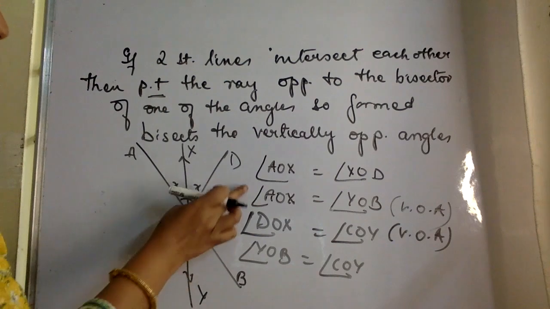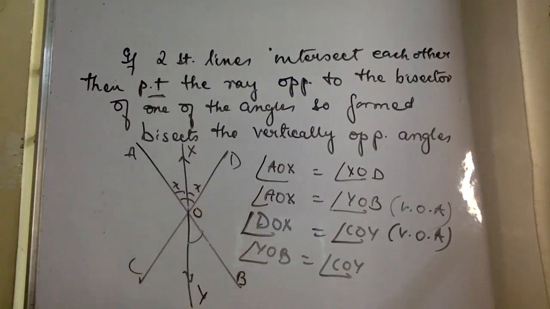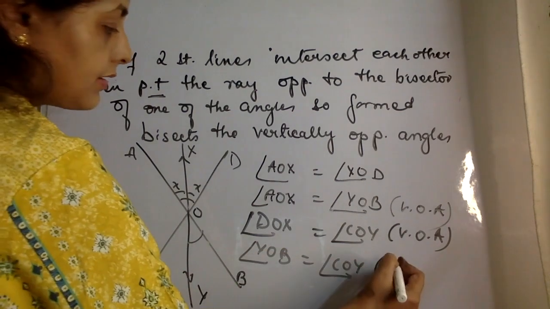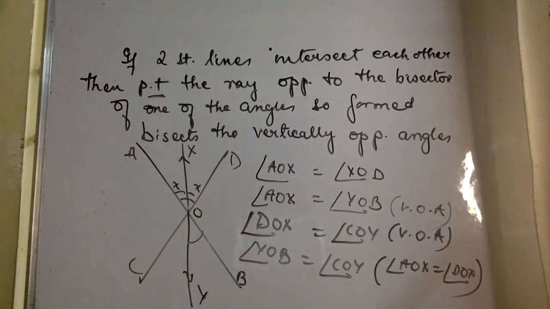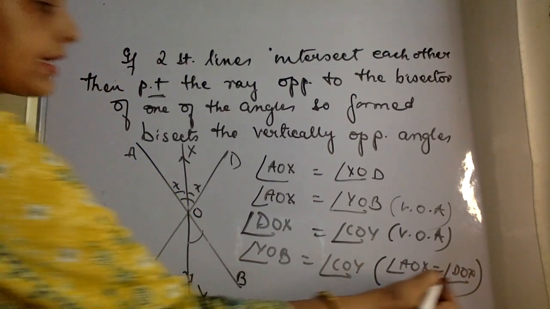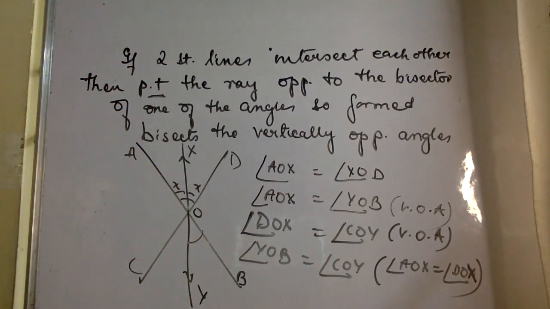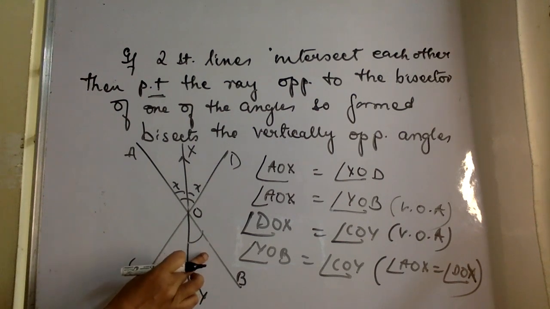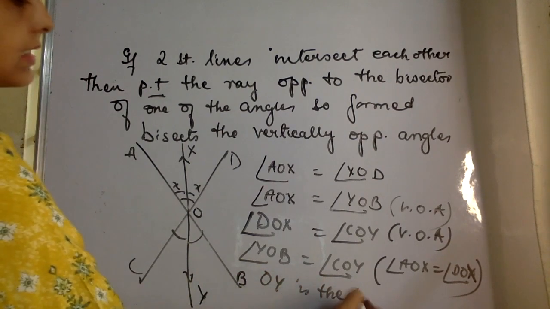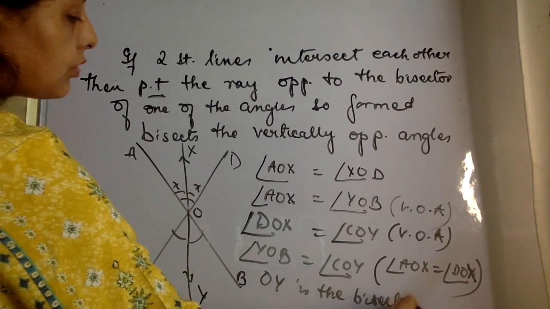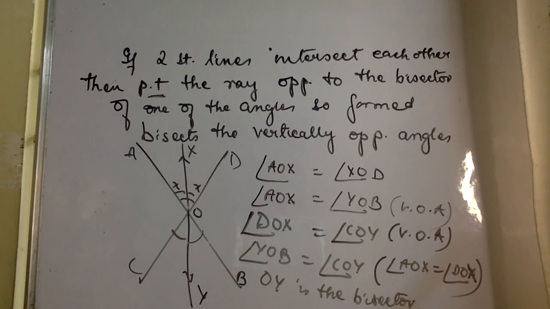Because AOX and DOX are equal. Okay. So YOB is equal to COY, you can write in bracket, angle AOX is equal to angle DOX. This is x. Okay, now since I have been able to prove this angle is equal to this angle, these two, therefore OY is the bisector.